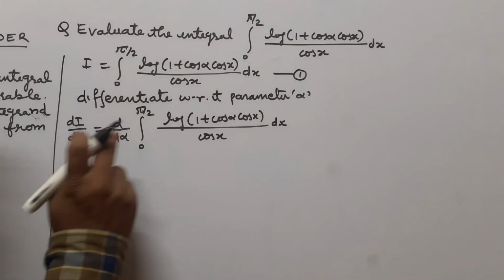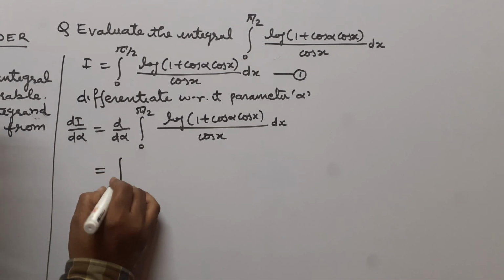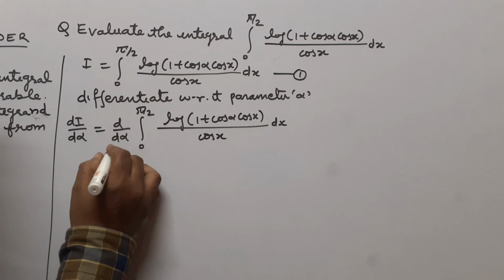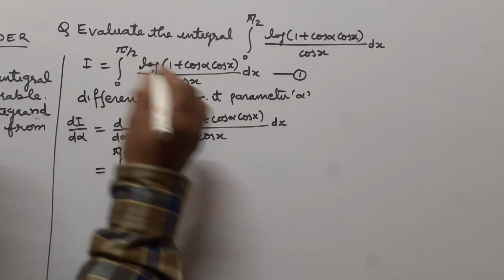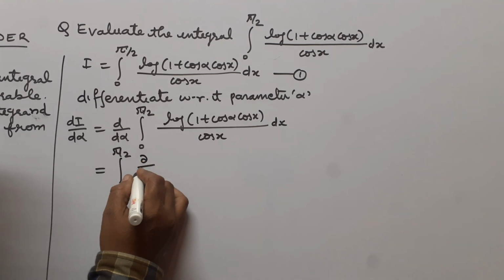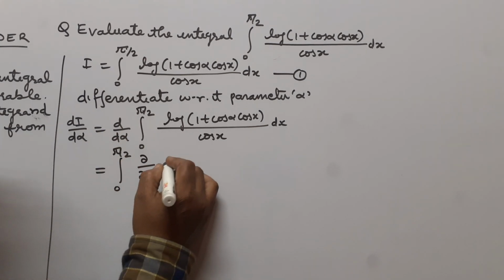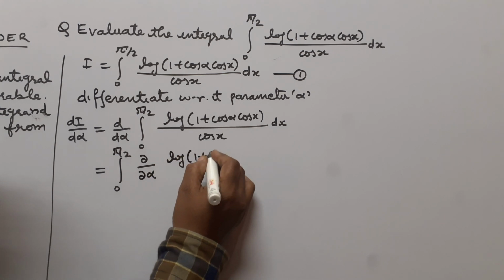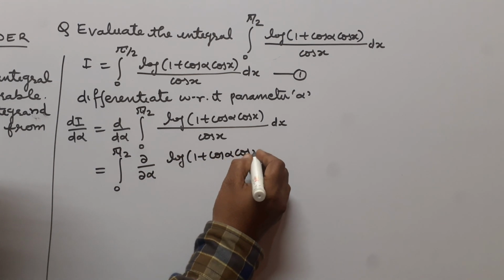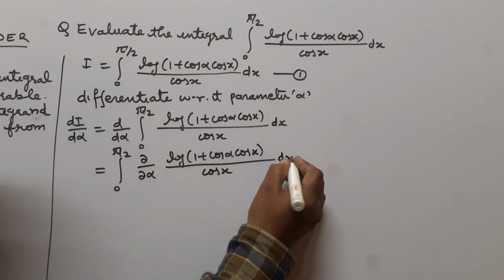Here we use the Leibniz rule. When this differentiation sign goes inside the integral sign, it changes to partial. So d by d alpha can be written as del by del alpha of log of 1 plus cos alpha cos x, divided by cos x, dx.